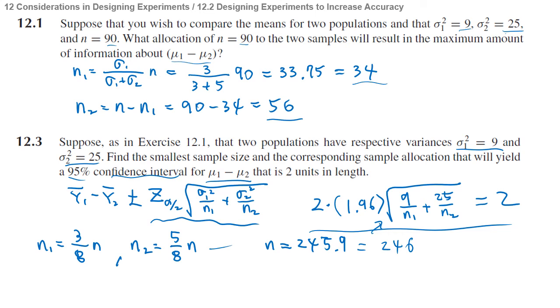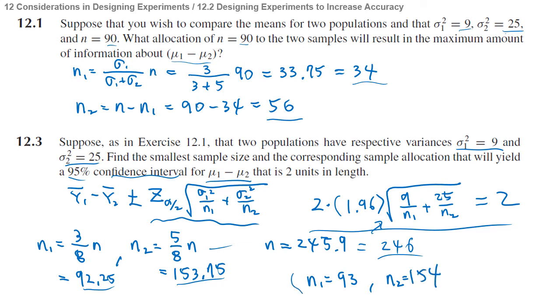Then if you put this into n1, you can calculate 92.25, and for n2 this is 153.75. You need integers larger than this, so your n1 is 93 and n2 is 154.